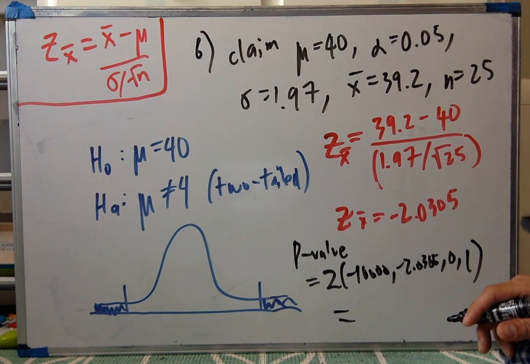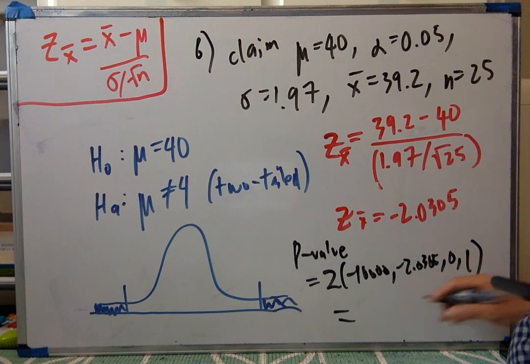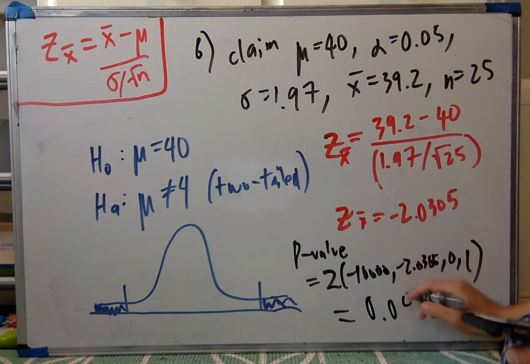So 0.04, 23, blah, blah, blah. But the important thing here is that this is less than 0.05.